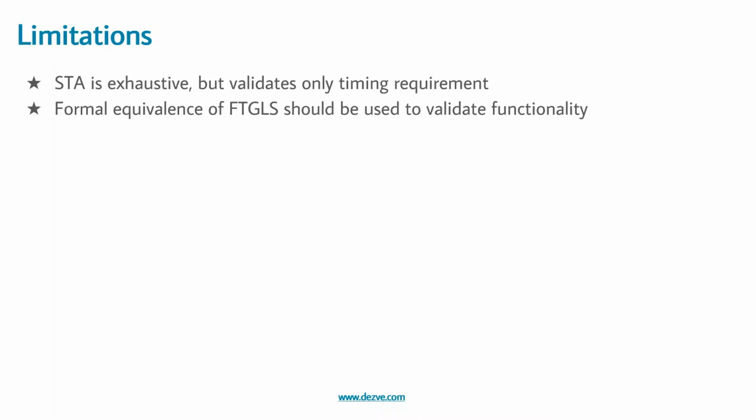So once we have a netlist which is functionally clean, there are different ways to check it. We can use a formal equivalence tool or logical equivalence tool to establish the equivalence between the RTL and the netlist, and there are a lot of commercial EDA tools that do that.